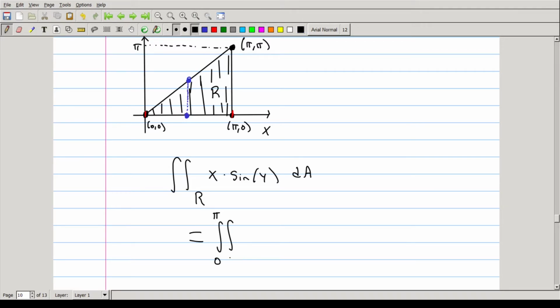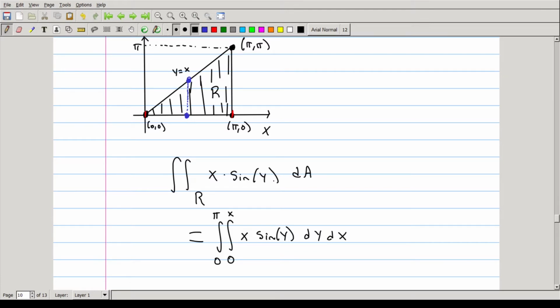So the lower bound for y will be 0. The upper bound for y will be this curve right here, which doesn't take much to figure out. It's the line of slope 1 from this point to this point, the curve y equals x. So our y bound will be from 0 to x. And we've effectively set up our integral.